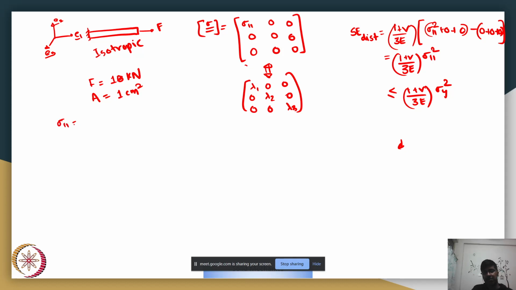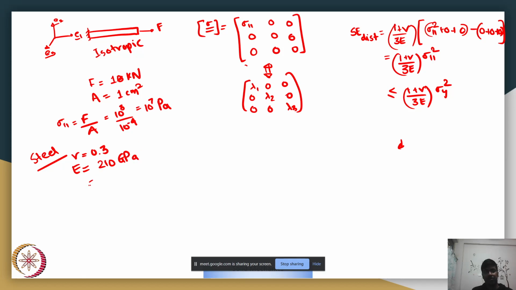My sigma 1 I can approximate as F by A, which is 10 to the power 4 upon 10 to the power minus 4, which is 10 to the power 8 Pascal. For steel, nu is 0.3 and E is 210 GPa, which is 2.1 into 10 to the power 11 Pascal.